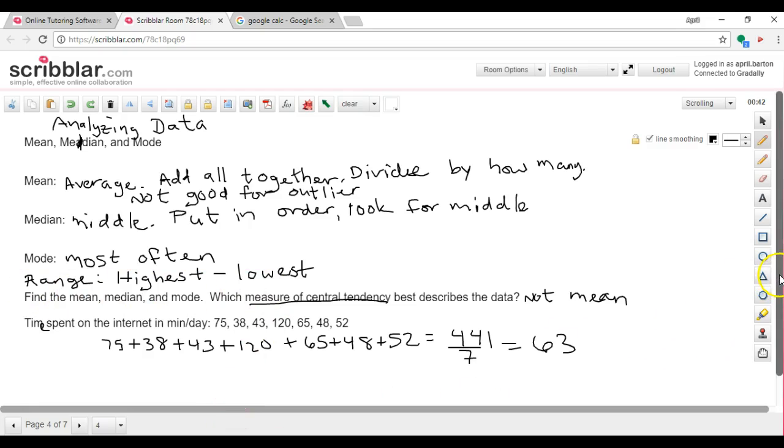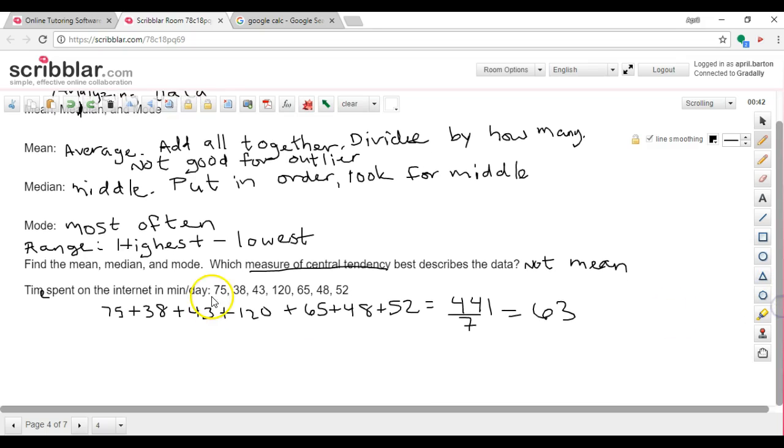The median is the middle number, but for the middle number you must put the data in order. So we go lowest to highest. When I'm doing this, I like to have it written out and cross out as I go. Sometimes you get a lot of numbers and it's hard to keep track of, so you cross out as you go so you know what you've already written down.